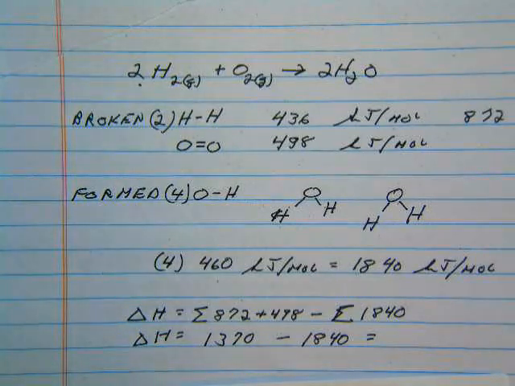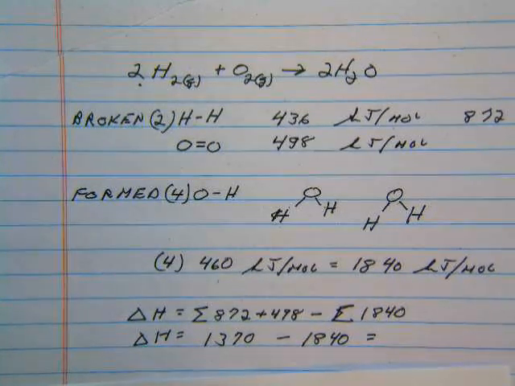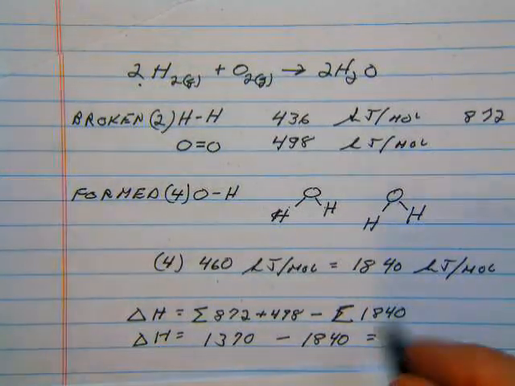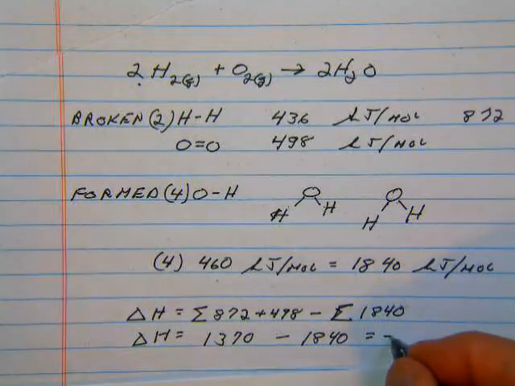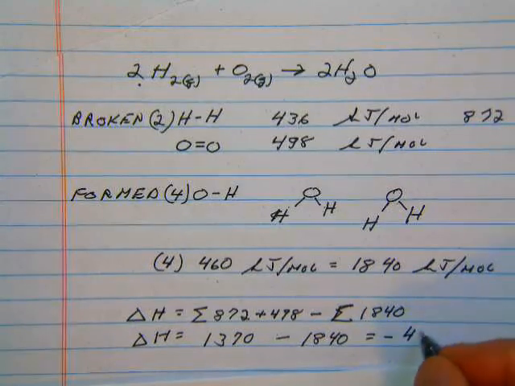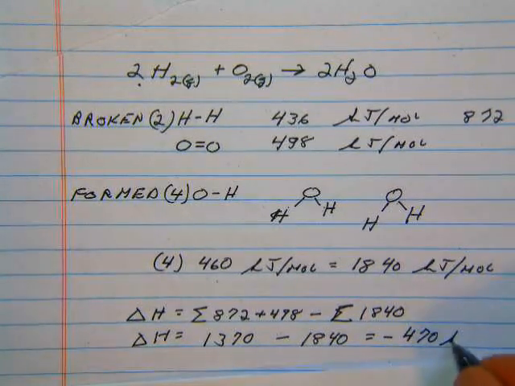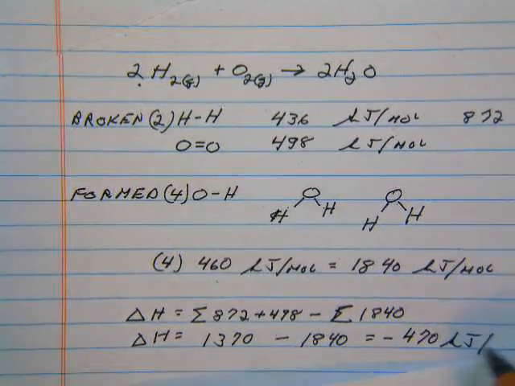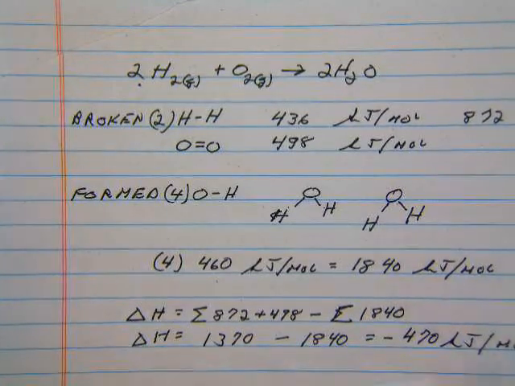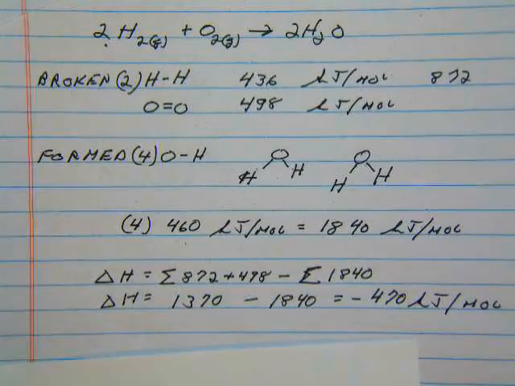Let me check my math here real quick. It's going to be a negative value of 470 kilojoules per mole. And again, we got a negative value there, so we're going to be exothermic again.